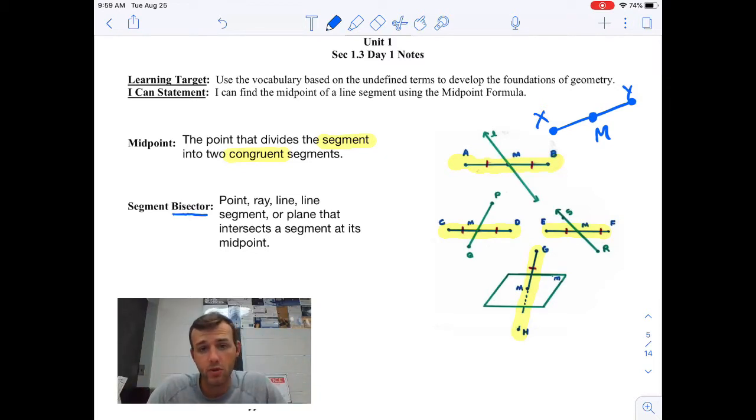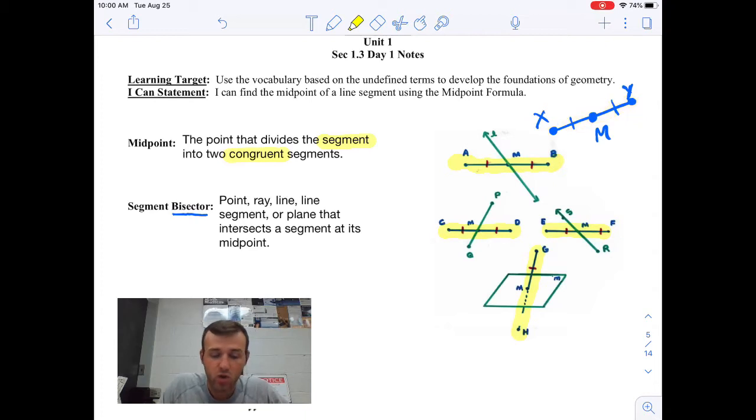So what we do in geometry, and what I want you guys to start to do with all the other geometry students around the world, is start using those little tick marks, those little dashes to show when two segments are congruent. So if I want to show that M is in the middle, what I want to show is that, hey, XM is the same as MY, and that's a Y over here. If I do that, then I can say that this distance is the same as this distance, and so M is directly in the middle.